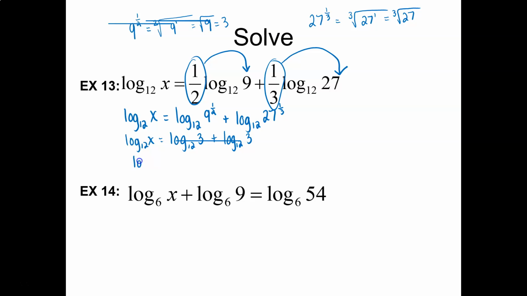So when I put this together, I'm going to have log base 12 of x equals log base 12 of 3 times 3, which will give me 9. And then at this point, now everything's inside of a single logarithm on either side. So I can just drop the logarithms and x equals 9.